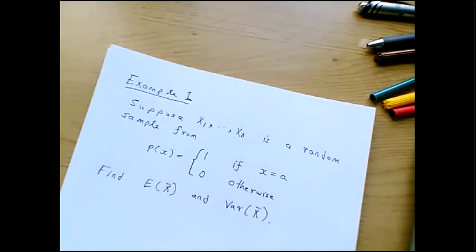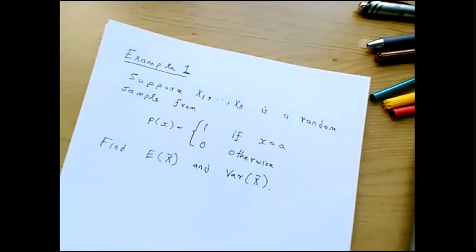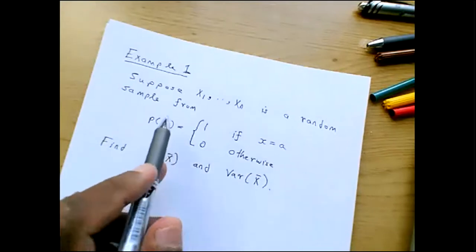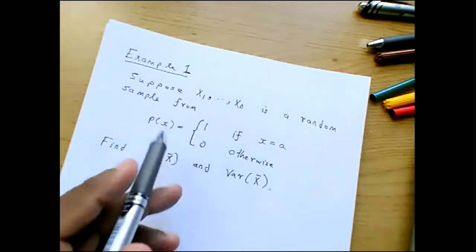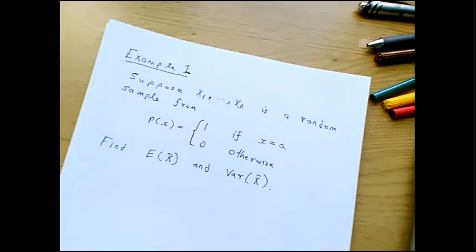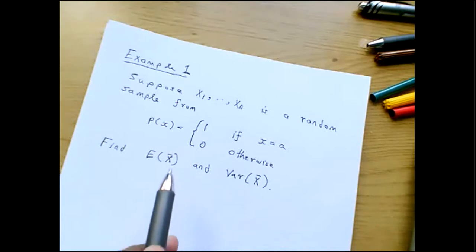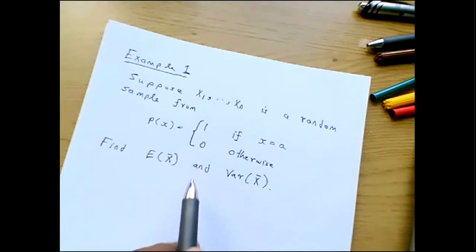So the example here, guys, is that you have a sample x1 to xn from a distribution with the probability mass function given by this, and we want to find the expected value and the variance of the sample mean. The first thing we must do is to find the population mean and the population variance.